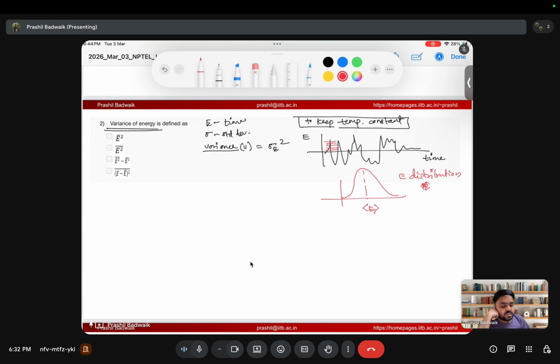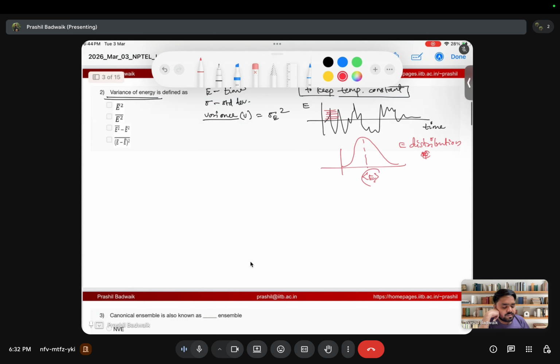So what is important is how energy is varying, and to quantify the variation we calculate something called energy distribution. We plot it and then calculate what is the average energy and how it is fluctuating around that constant, which is given in terms of sigma E, that is standard deviation.